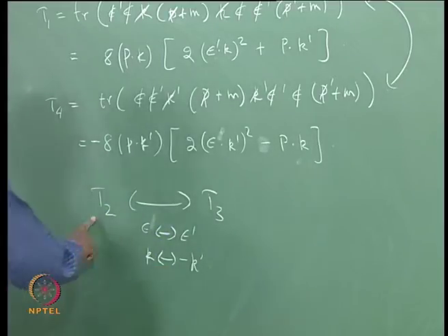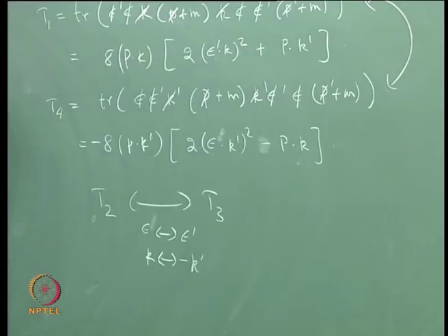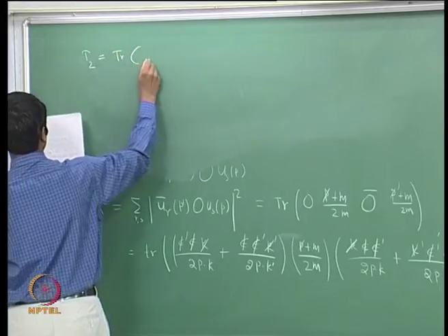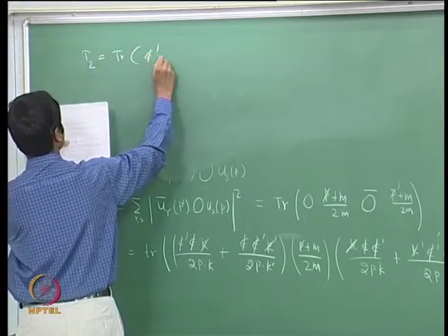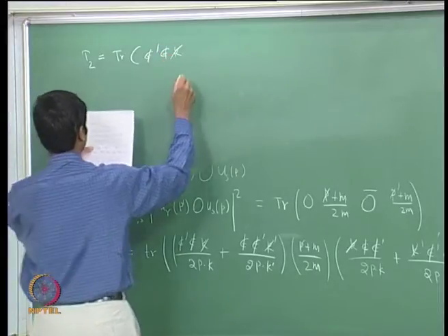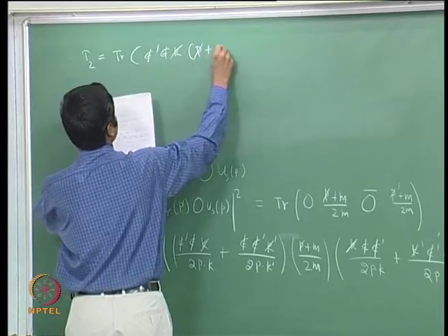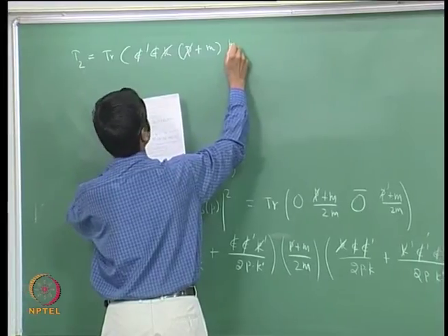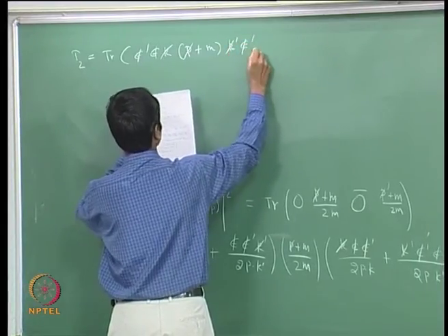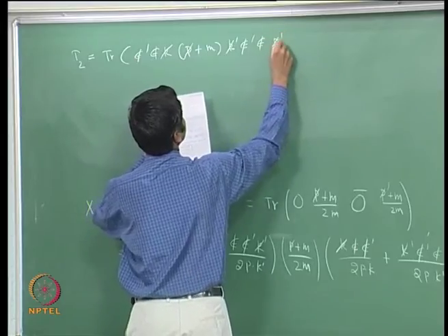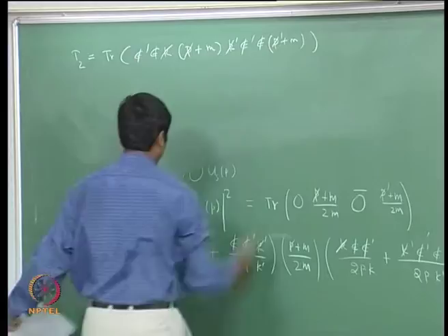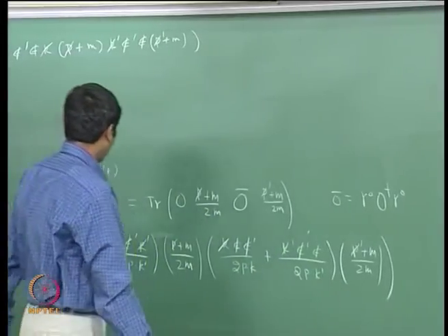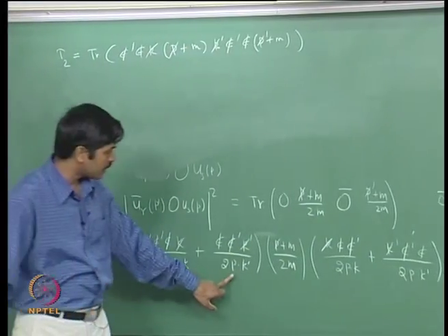So, it is enough for us to compute T2, which is given by T2 equal to the trace of ε′-slash ε-slash k-slash (p-slash + m) k-slash ε′-slash ε-slash (p′-slash + m). So, T2 is the product of this and T3 is the product of this.